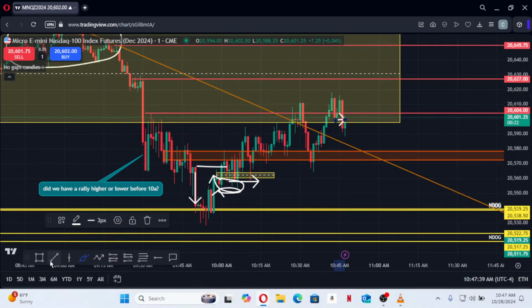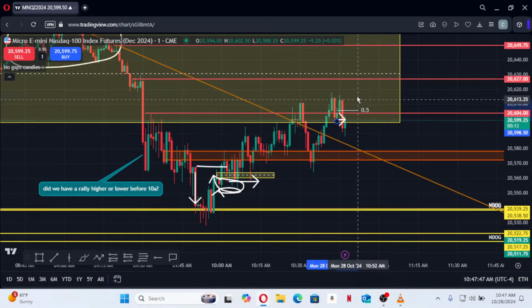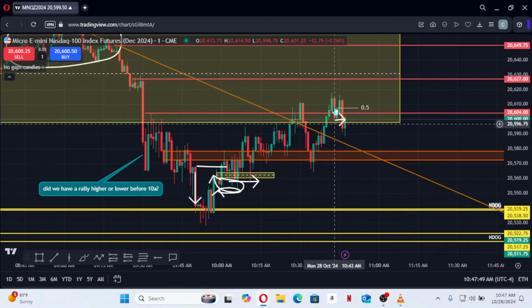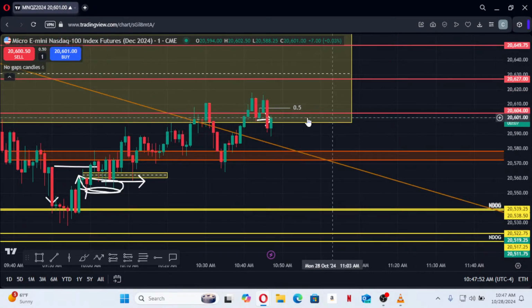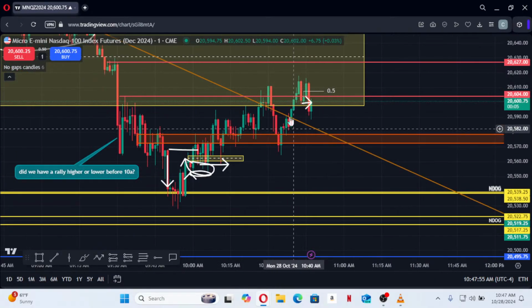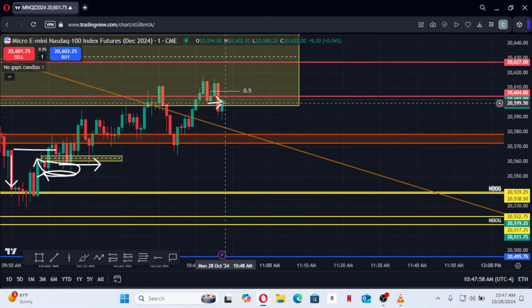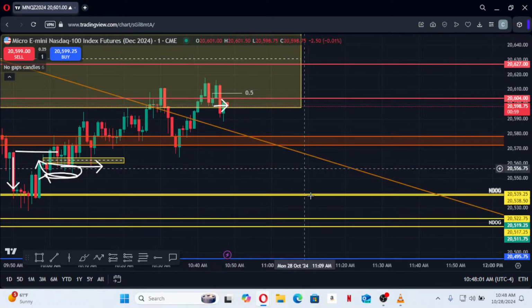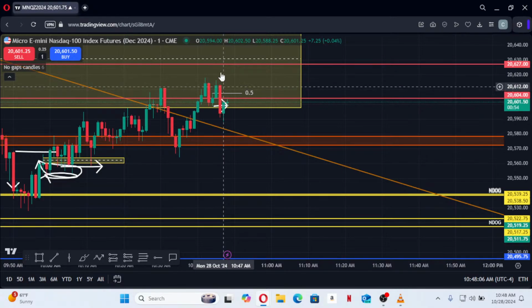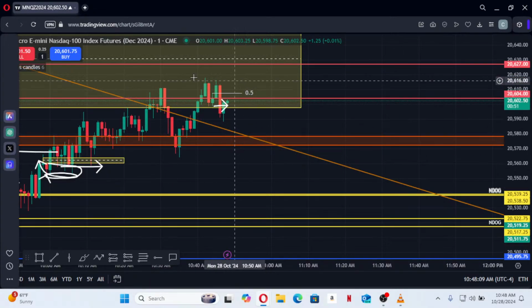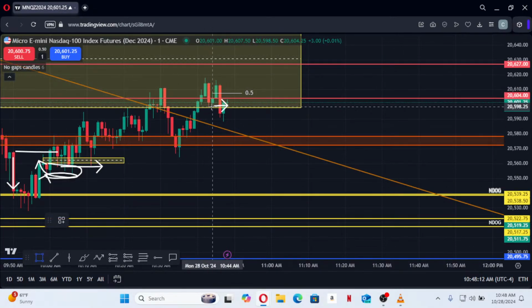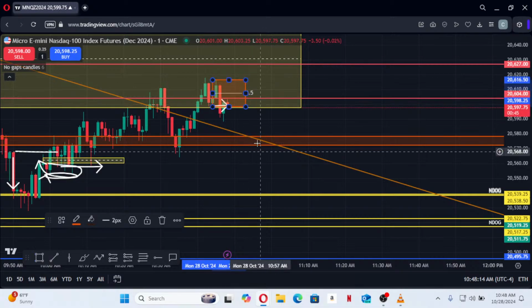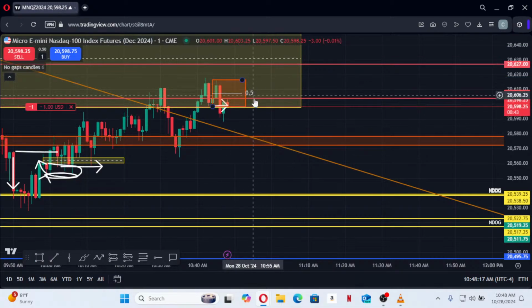Now it could be testing into this zone before pushing lower. So you would have been entered.